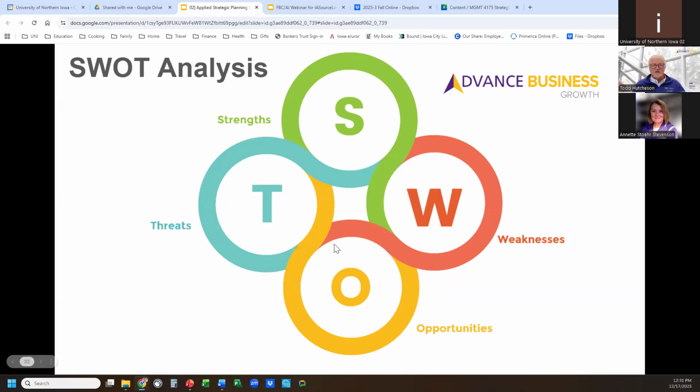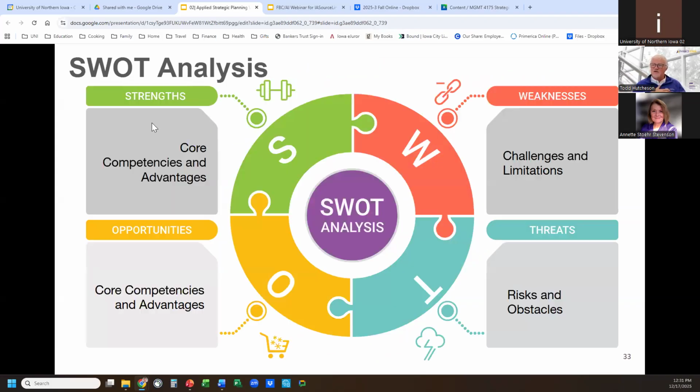What threats are out there to my business and my organization? It looks something like this when you look at it in total. Strengths: what are my core advantages, my core competencies? Weaknesses: what are my challenges and limitations? Opportunities: what external opportunities are out there to look at? And in terms of threats, what risks and obstacles are out there?